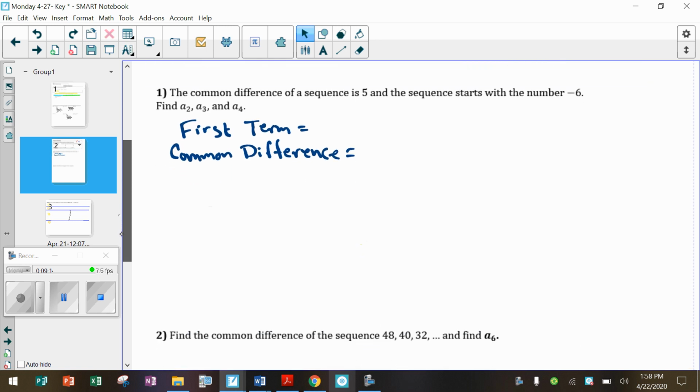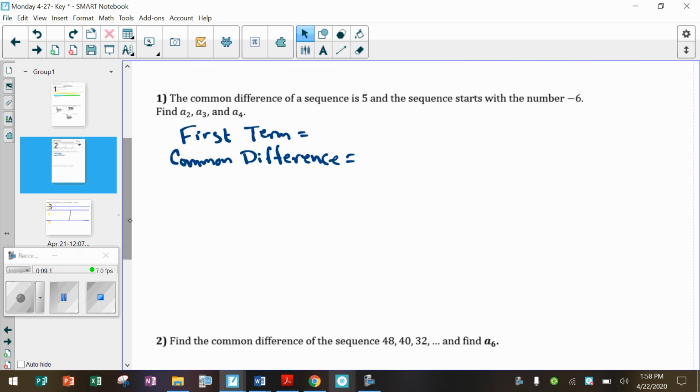All right, 2 more examples, and then that's it for today. The common difference of a sequence is 5, and the sequence starts with the number -6. Find the terms A sub 2, A sub 3, and A sub 4. So our first term is -6, and the common difference is 5. So the first term in our list is -6, and we are counting up by adding 5s.